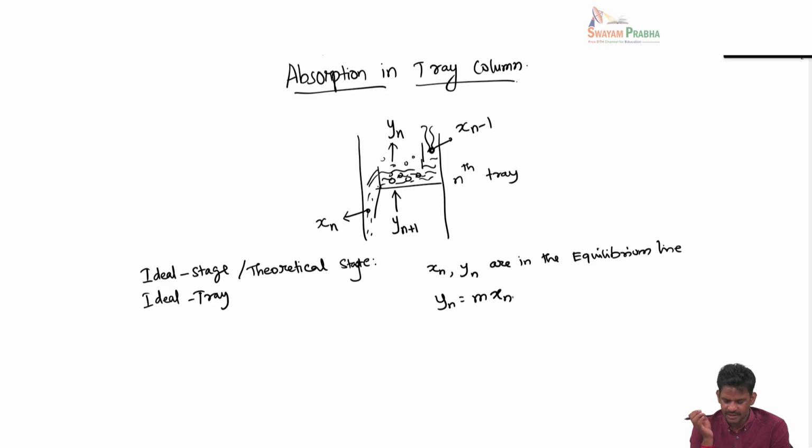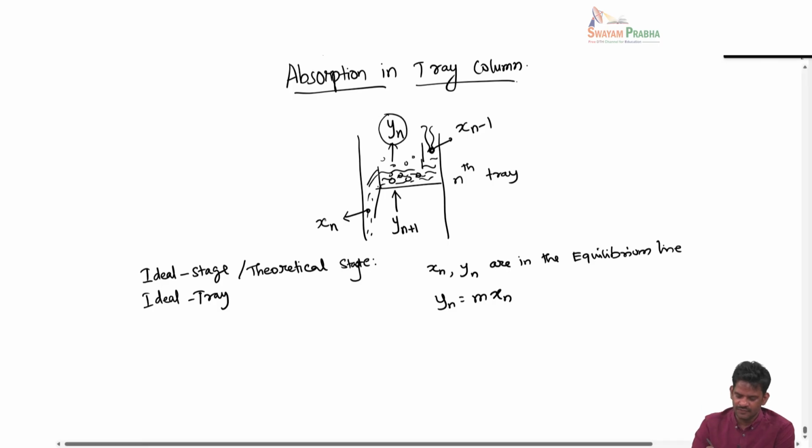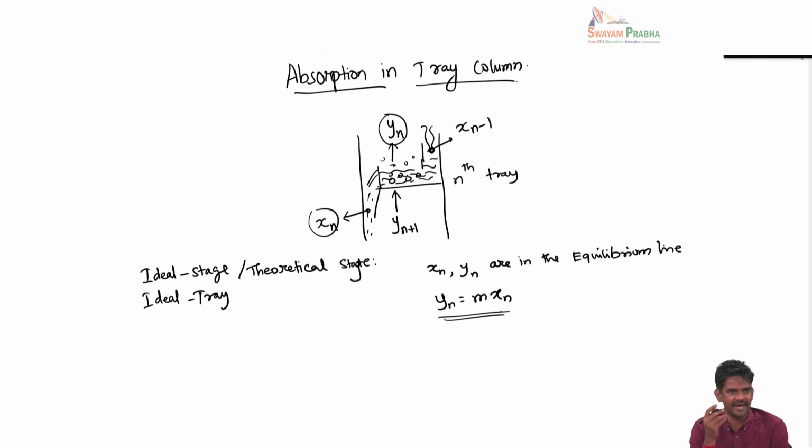But in reality, no stage is ideal. The outgoing compositions will not be at equilibrium following this equilibrium relationship. They will always fall short of the equilibrium compositions. That is the maximum concentration change you can achieve, but it is not going to happen because the tray will have a limited dimension and limited contact time, because of which an ideal operation is not possible.